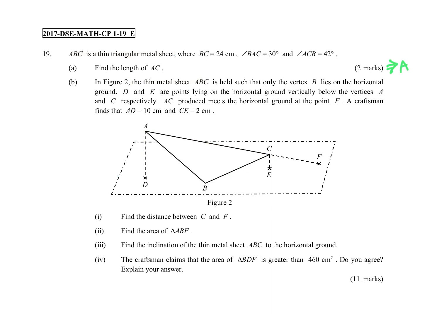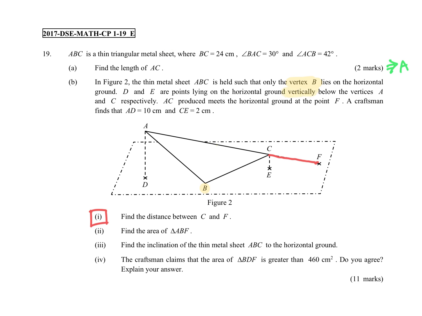And then for part B1, find the distance between C and F. We need this part. Look at the wording. So it's held such that only B lies on the horizontal ground. D and E are points lying on the horizontal ground vertically below the vertex A and C respectively.